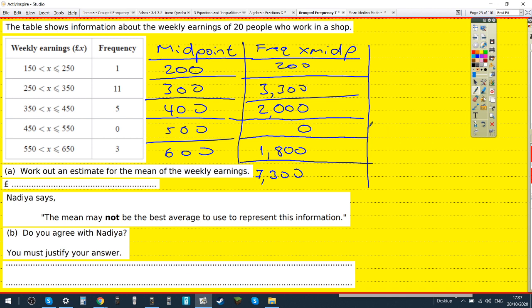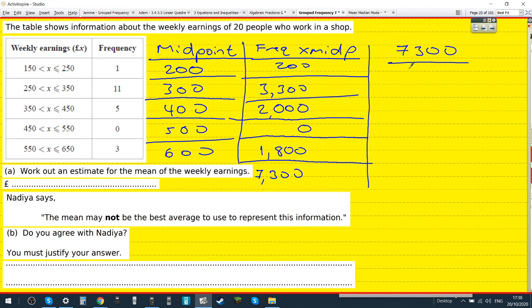Okay. So we want an estimate of the mean. So we divide the frequency and midpoint total, I mean divide 7,300 by... By total frequency.